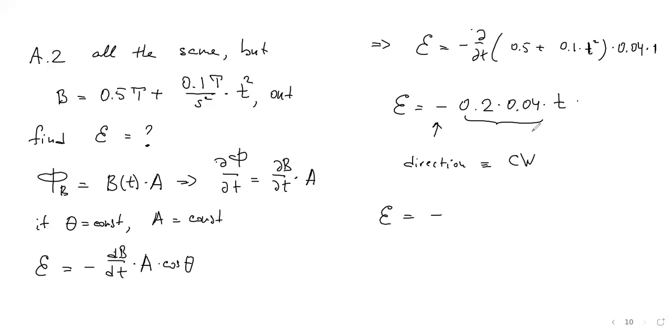I would say, let me double check. So there's going to be 8 millivolt per second and time. I pick these units because when time is in seconds, I'm going to get volts for EMF. How do you like this answer?